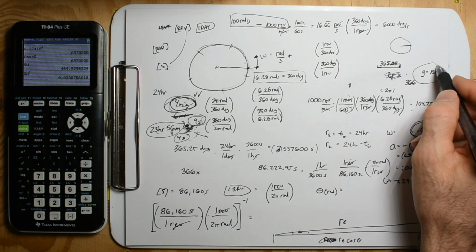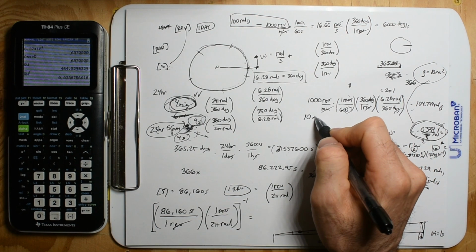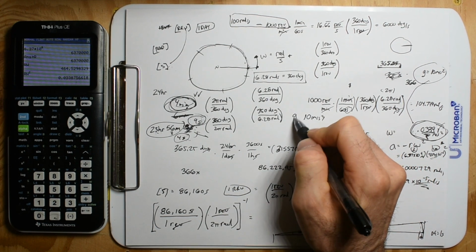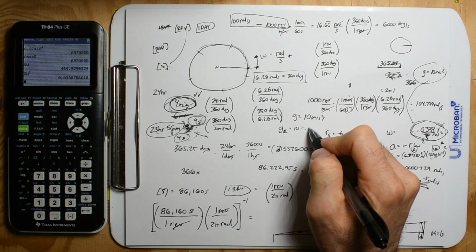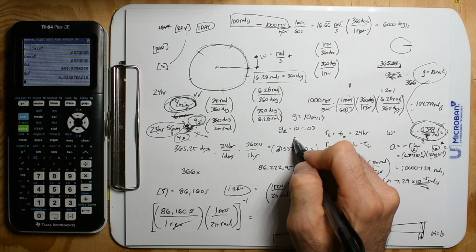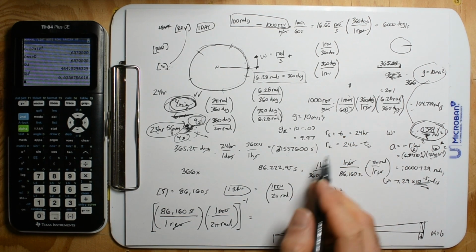So the intuitive thing is, instead of feeling 10 meters per second squared of gravity, the gravity that we feel at the equator is 10 minus 0.03, so that's going to be 9.97.